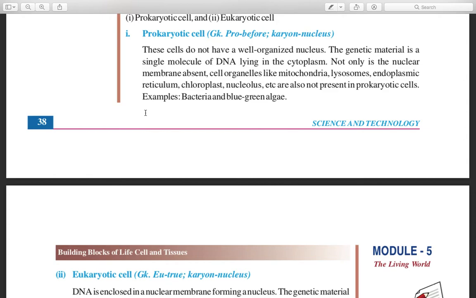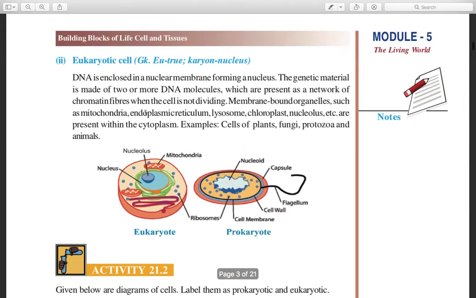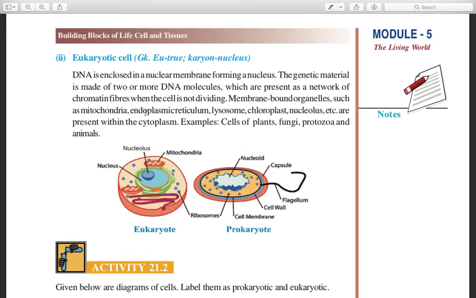Examples of prokaryotic cells are bacteria and blue-green algae. So when you are asked about the prokaryotic cell, you should be able to remember these points. Then next is the eukaryotic cell, and it is from the Greek word "eu," that is true.